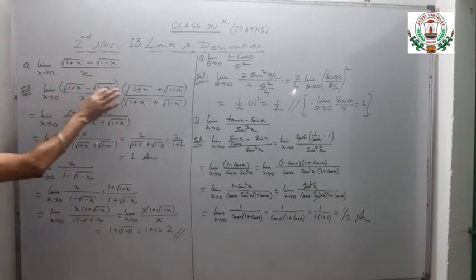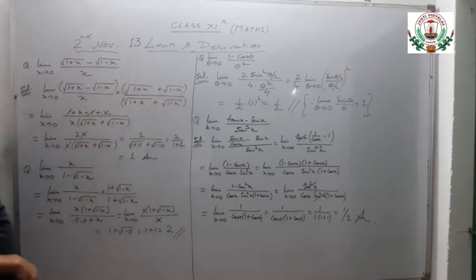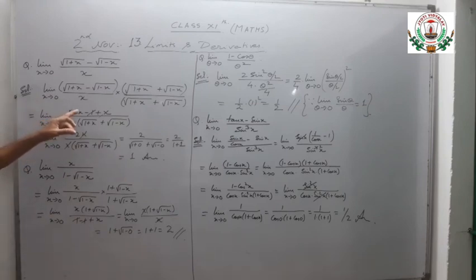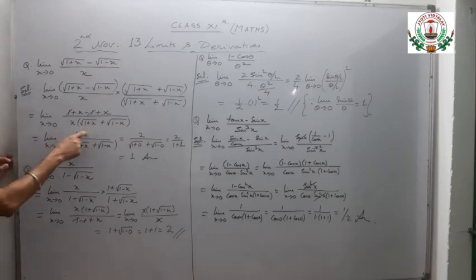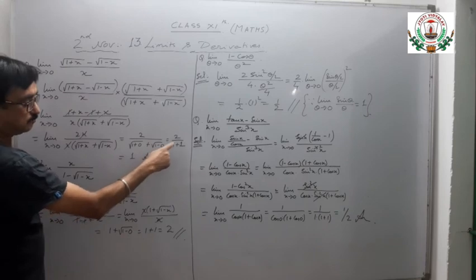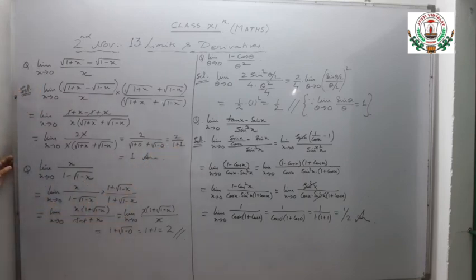So a minus b, a plus b, a square minus b square, 1 plus x minus 1, sign will change, plus x. 1 minus 1 cancel out, x plus x, 2x, and x cancel out. At last we will substitute the value and we will get the answer as 1.